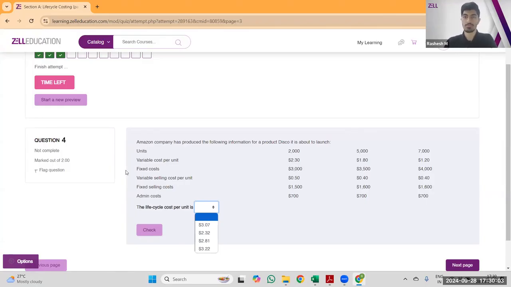Vansh seems correct. Nakshatra, correct. Bhavika, that's correct.